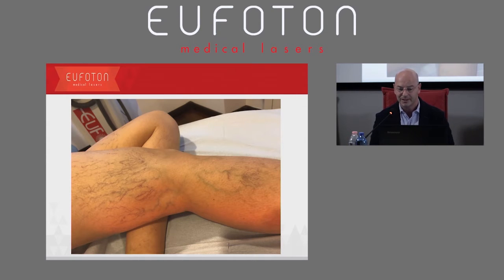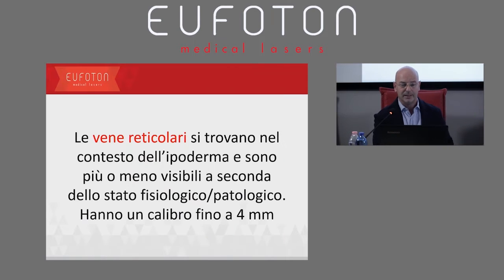Here you see reticular veins, well visible in the central part. They're bluish and greenish. Any type of telangiectasias, you can see the different diameters and the different colors. Reticular veins are to be found in the hypodermis, and they can be more or less visible depending on the physiological/pathological status.